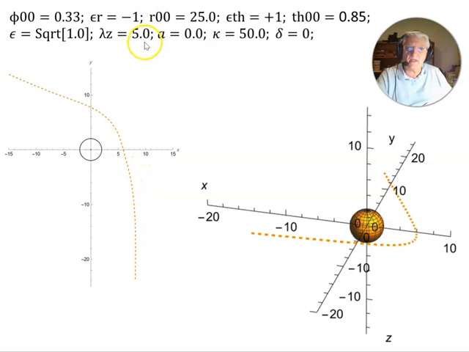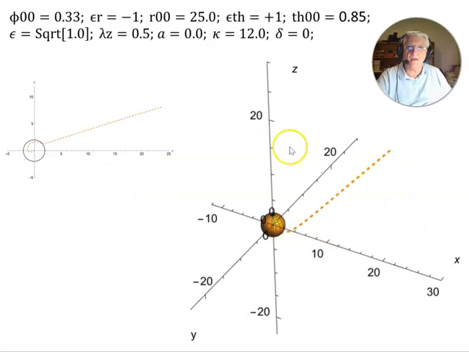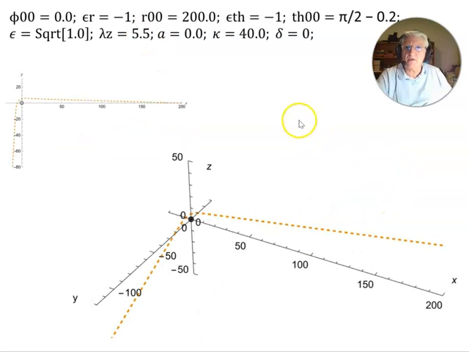Stronger angular momentum here, larger value. And here, as you can see, going this way. All right, another plunge orbit. Very low angular momentum, but not quite 0, 0.5. In it goes. What else have we got now?